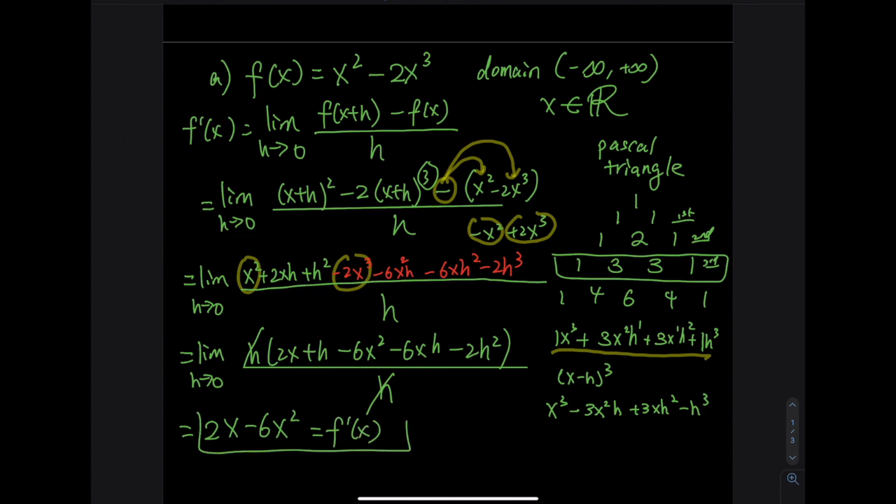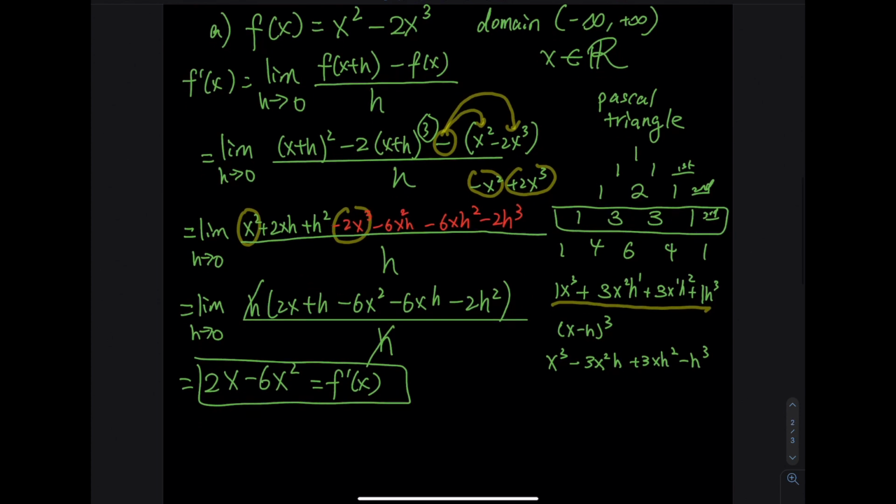This has a name. I am going to give you the name. This is called the slope of the tangent line to f at any x value. The point P, remember, I am talking about any point.